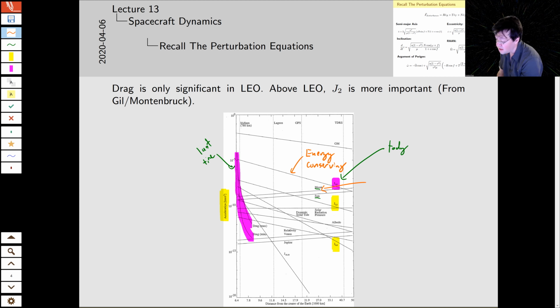Solar radiation pressure, of course, is going to depend on the cross-section of your satellite. And then we've got some other things down here, Venus, Jupiter, and so forth, which don't have that great an effect. So this is the one we're going to be talking about, and you can see it's generally speaking the largest perturbation, and that's why it's so important to talk about.